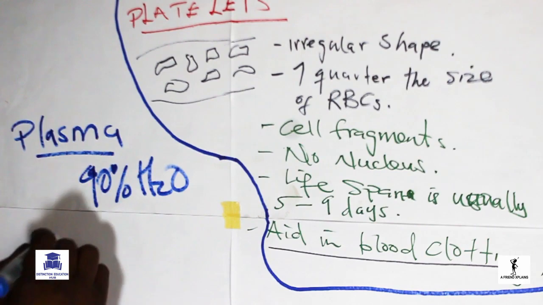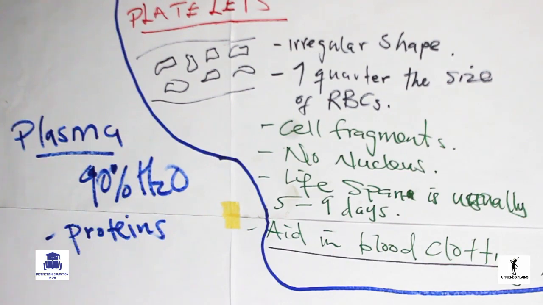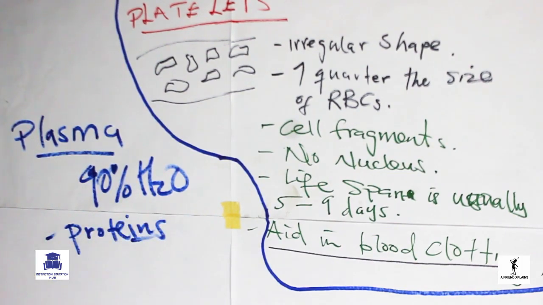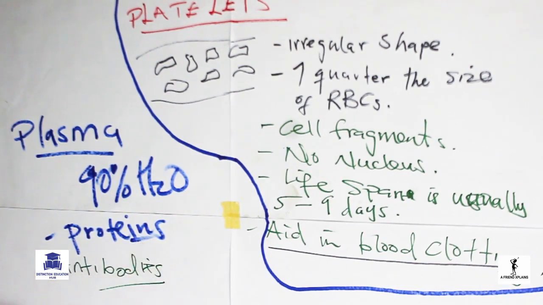In the plasma, besides this water, we also have proteins. Soluble proteins are found in the blood plasma. Examples of soluble proteins that we have in the plasma are antibodies, which are basically found in the plasma.